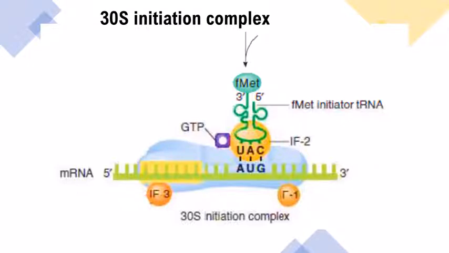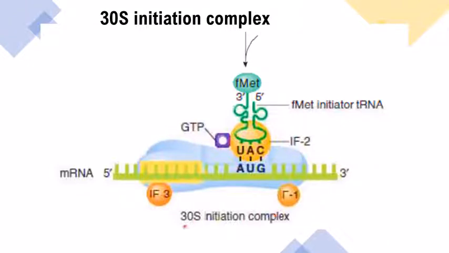Initiation factor number 3 also serves an important function in the 30S initiation complex. When this initiation factor is attached to the smaller subunit of the ribosome, it will not allow the attachment of the larger subunit to this smaller subunit. So as long as initiation factor number 3 is there, no attachment of the 50S subunit is possible to this 30S initiation complex.